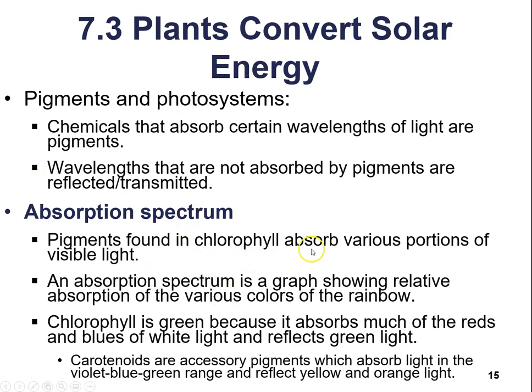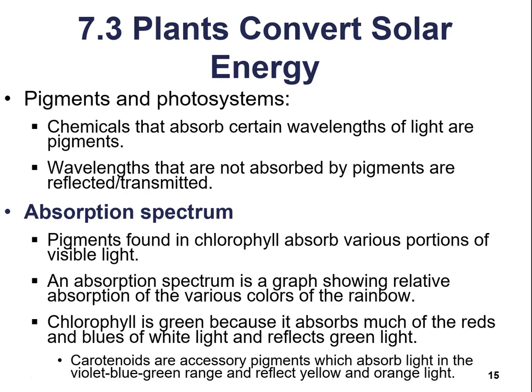All right, so that's what it says. Pigments found in chlorophyll absorb various portions of visible light. So like I said, this absorption spectrum is going to show you that relative absorption, okay? Now, chlorophyll, as we know, is green, right? Why does it look green? Because it absorbs much of the reds and the blues, those wavelengths, and it reflects the green wavelengths, okay?